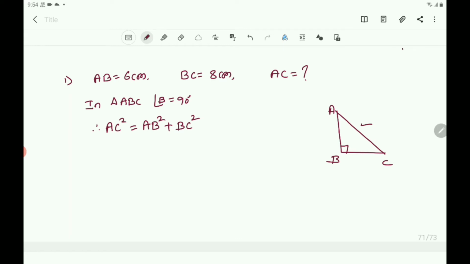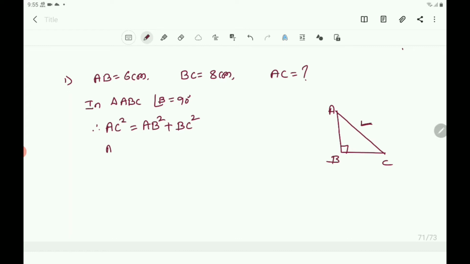Here AC is the hypotenuse. The side opposite to the right angle is the hypotenuse. Square on the hypotenuse, that is AC², equals the sum of the squares on the other two sides.